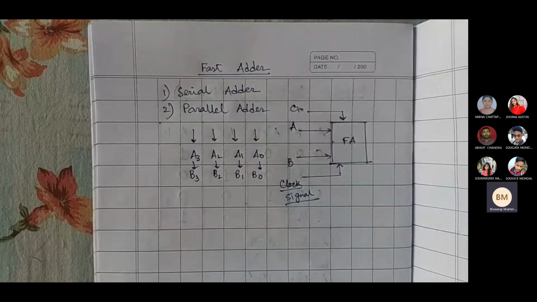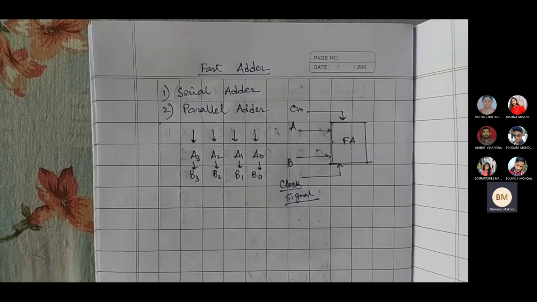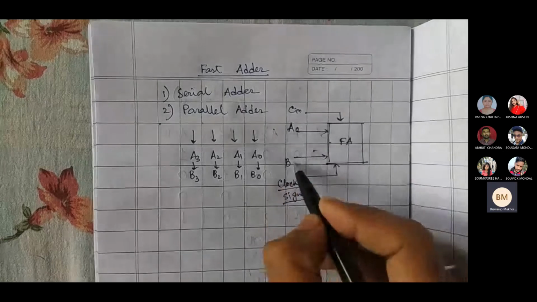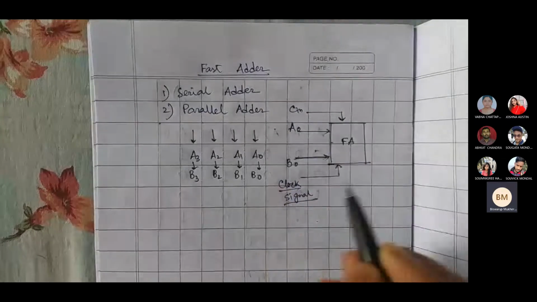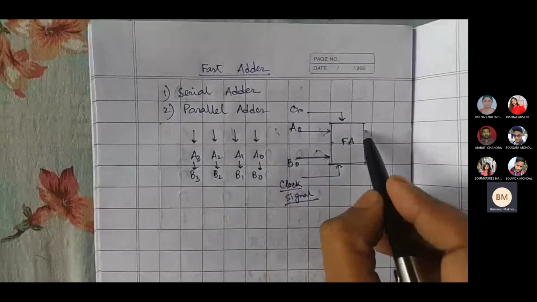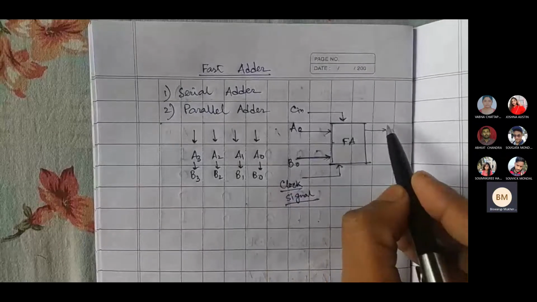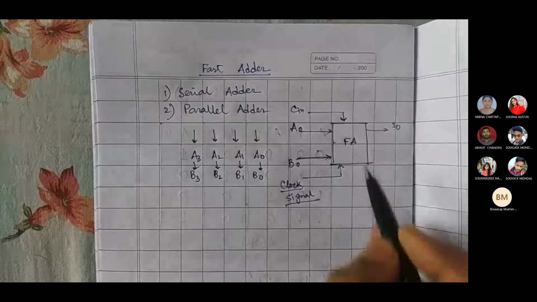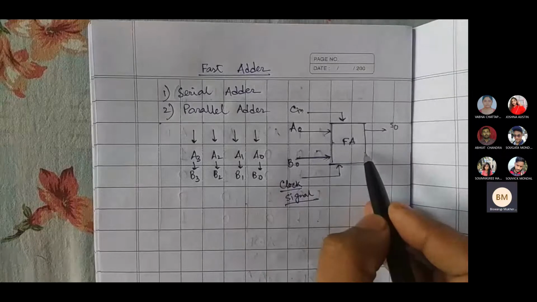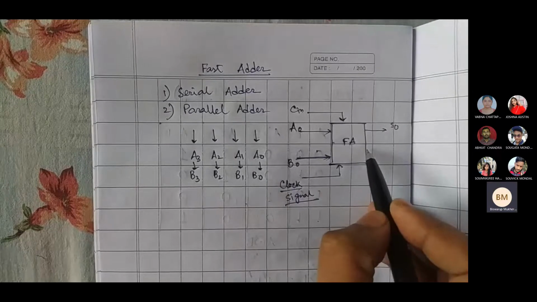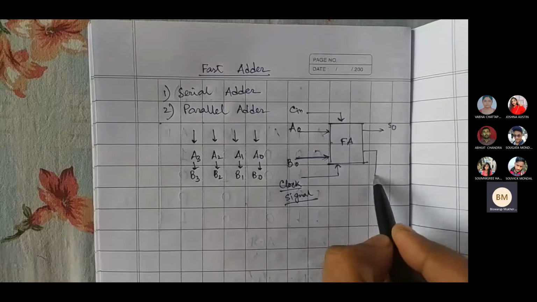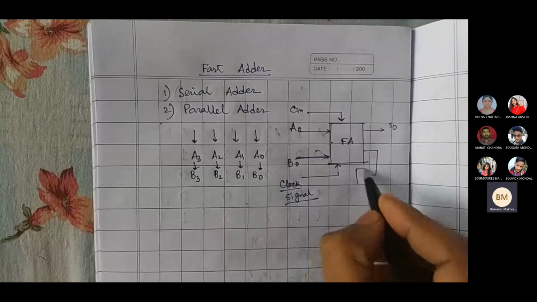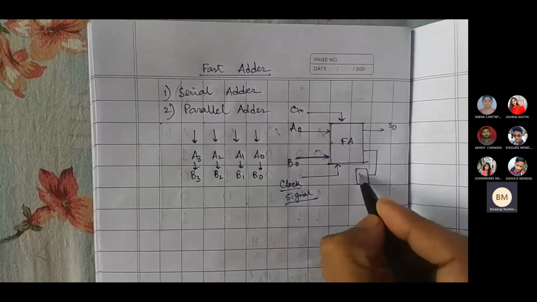Right now, for simplicity of understanding, just think that initially A0 and B0 will come in on the same line, and accordingly S0 will come out. The carry which is generated is reverted back with a proper delay circuit.